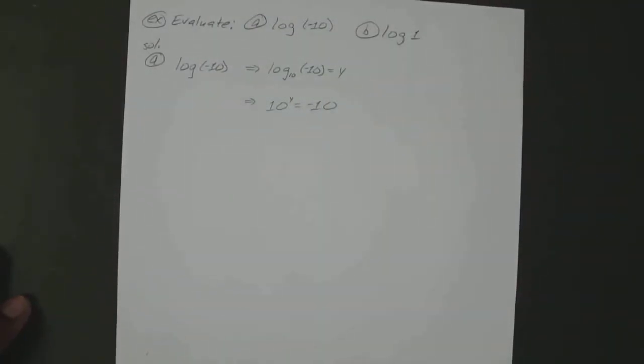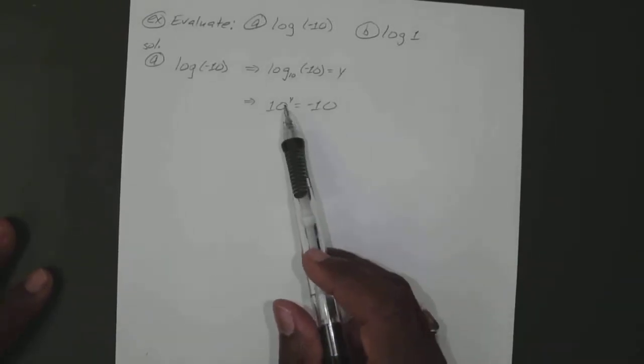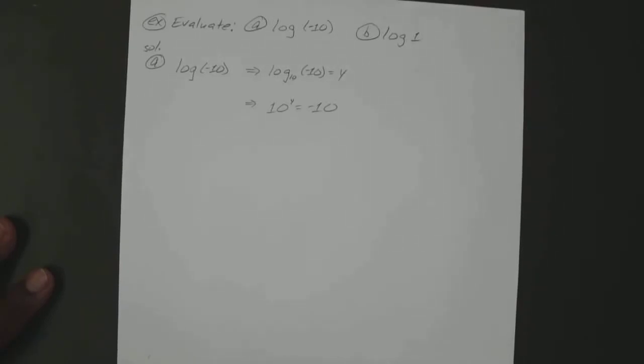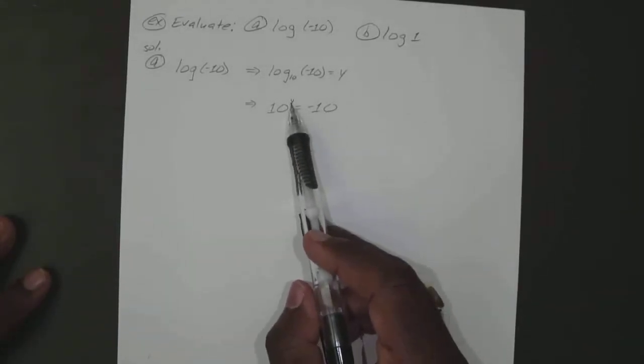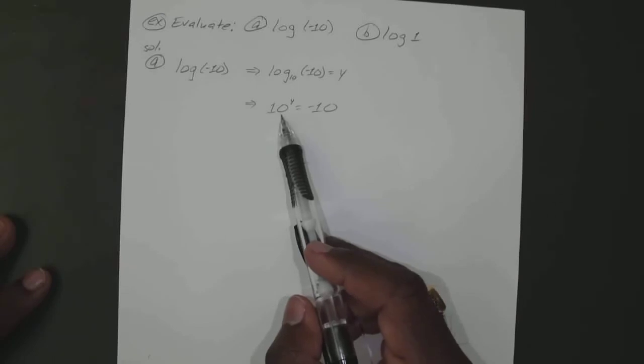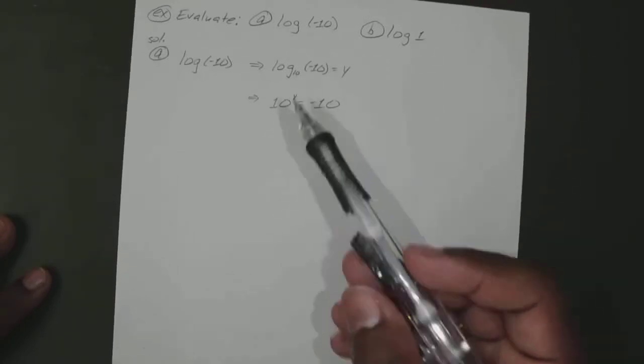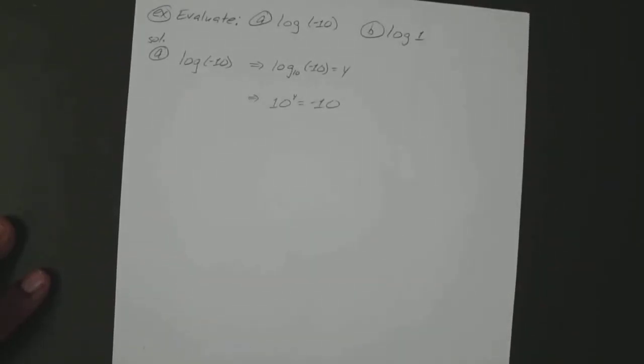So the reason that's undefined is we can do a lot with the exponent y, but there's no y we can plug in that would magically turn that into negative 10. If we plugged in 0, 10 to the power of 0 is 1. If we plugged in negative 1, that would be 1 over 10. If we plugged in positive 1, it would just be 10. So there's no number that can make 10 to the power of y become negative 10. So that's why it's undefined.